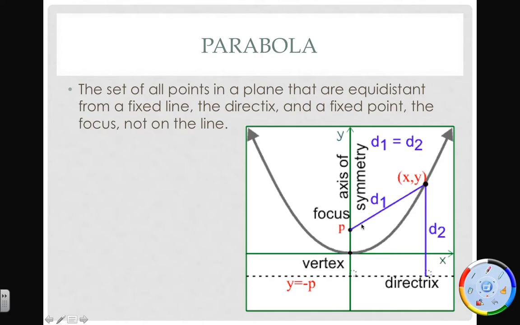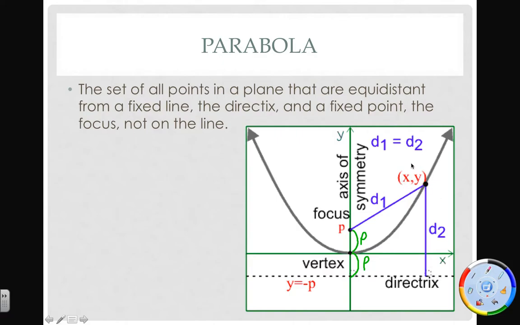We use the letter p for various reasons that I don't know. This distance between the vertex of the parabola and the focus, the distance is p. Well, so is the distance from the directrix to the vertex. That distance is also p. This particular picture kind of gives everything that we need to know.